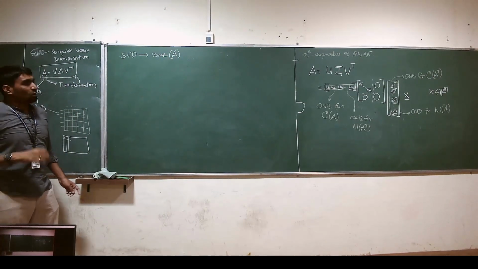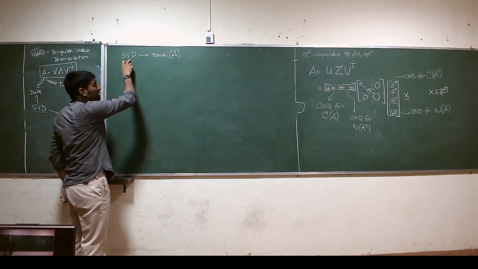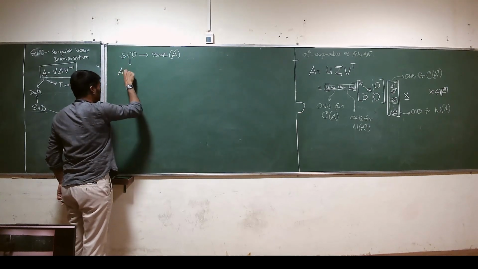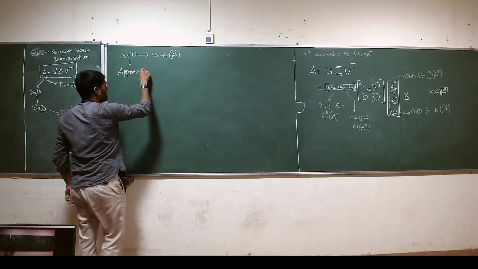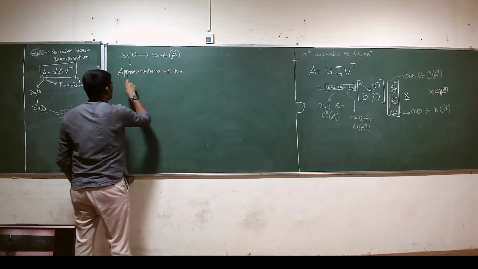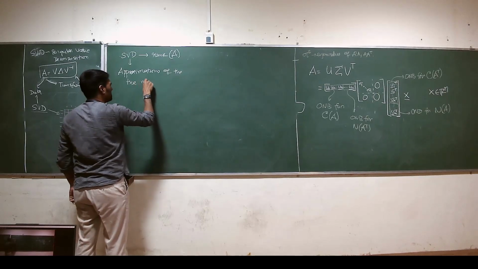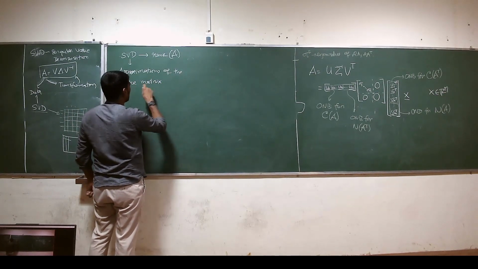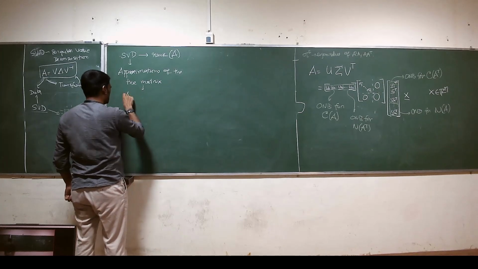Okay? Not just that, it turns out the SVD can give us approximations of the data of the matrix A, and these are approximations of a lower rank.